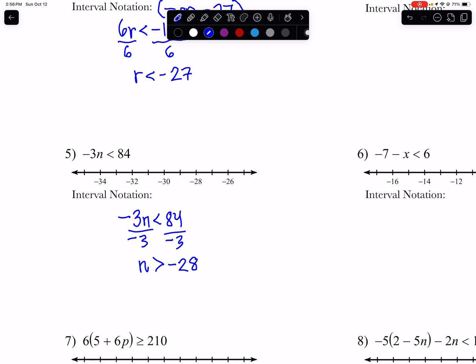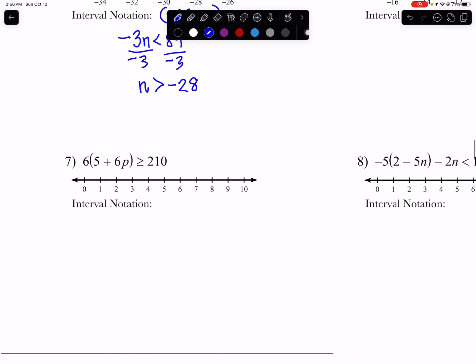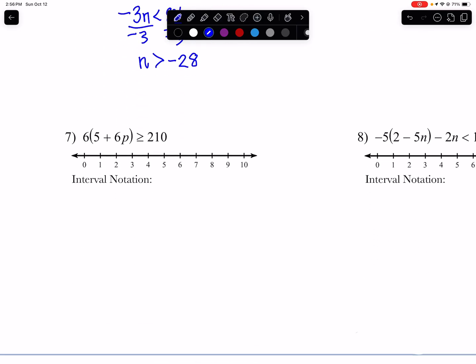So that's going to be an open circle here. And we're going to point this way, since we're greater than. Okay. Meaning that interval notation will be parentheses, negative 28 to infinity. Okay. We're going to distribute in these 6.